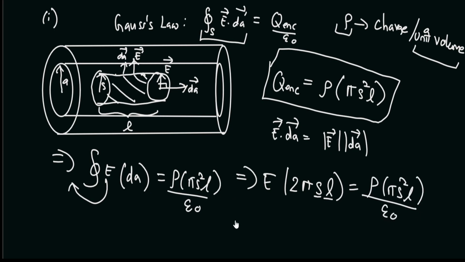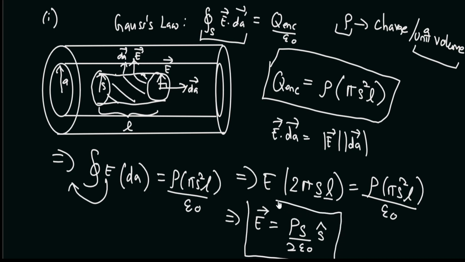Therefore, we will get the electric field as ρ S divided by 2 epsilon naught. And since the electric field is along the increasing direction of radius S, we can represent that direction using unit vector S cap. So this will be our answer for the first case, where S cap is along the increasing direction of the radius vector.